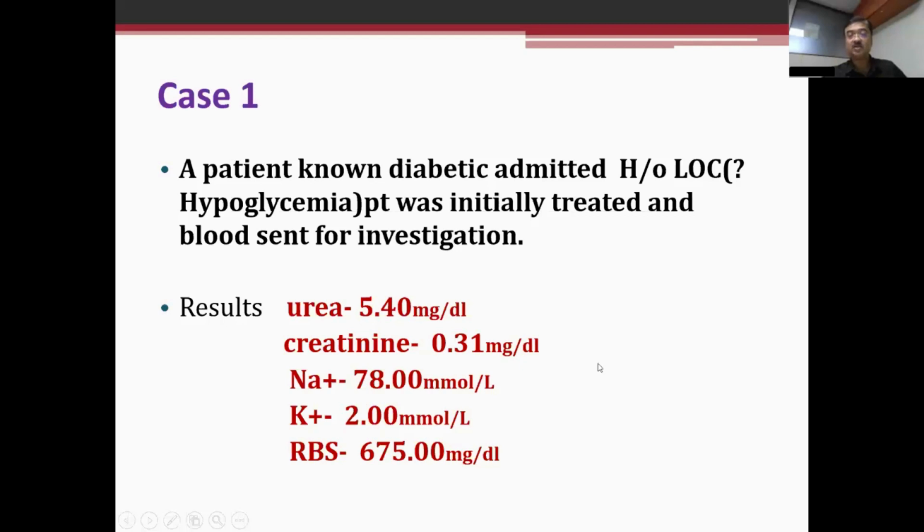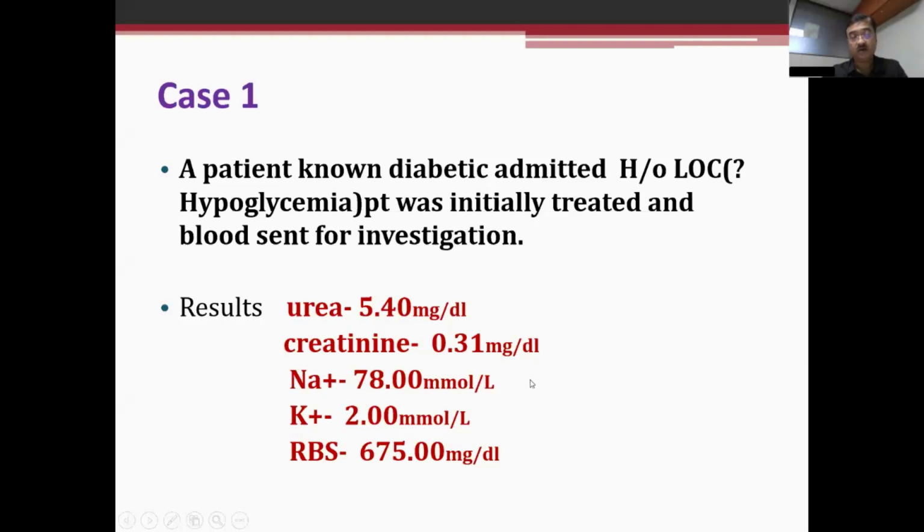This is nothing but, as I told you, a very common mistake that happens in the wards when sisters and even doctors take blood. They don't take the pain of pricking the patient again. What they do is pick up the line from where the infusion is running and draw blood from there. So this is exactly what happened in this condition. The blood that was drawn was totally mixed with 5% dextrose, and that is why the RBS is so high. But because of the dilution with dextrose, all the other results are extraordinarily diluted.